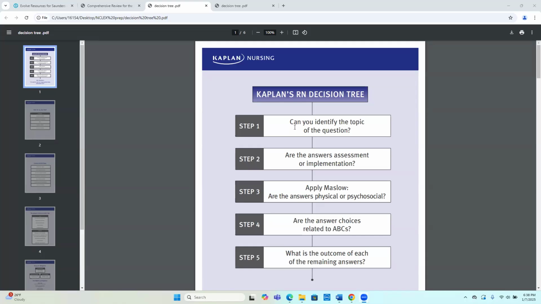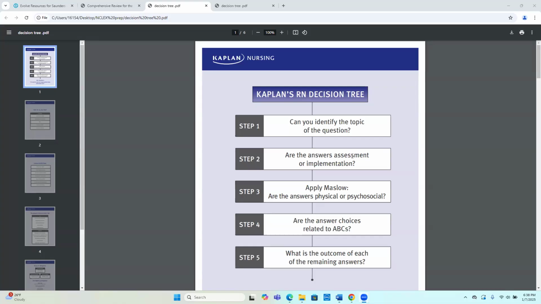When I went through the program for Kaplan, I remember thinking to myself, dear God, I wish I had had this stupid tree while I was in nursing school, because it's not just for NCLEX. It will help with your nursing exams, ATI, HESI, NCLEX, all of it, because it's really helping you break down that information.